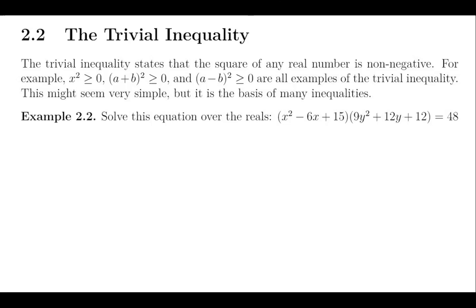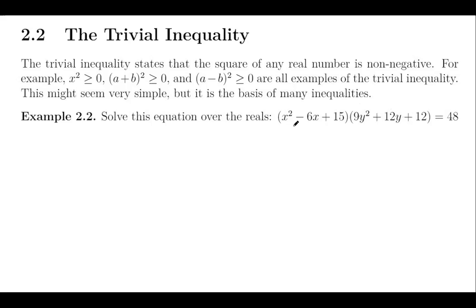So if we take a look at the first example, we have this equation: x squared minus 6x plus 15 times 9y squared plus 12y plus 12 equals 48. And this might seem like a very messy equation, but we can take a few steps to make it seem more simple.